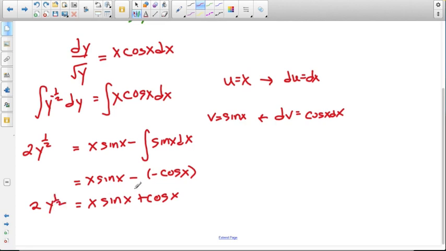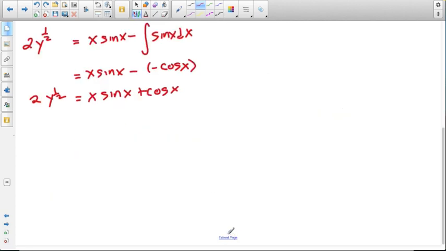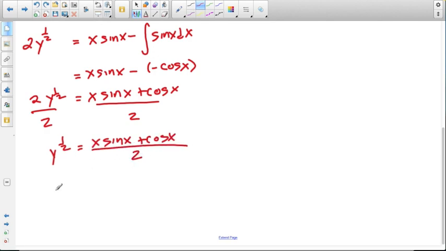And if you're solving the differential equation, that means you're solving for y. You just need to clean this up now with a little bit of algebra. We'll divide each side by 2. So that's y to the half equals x sine x plus cosine x over 2. Then we have to square both sides.